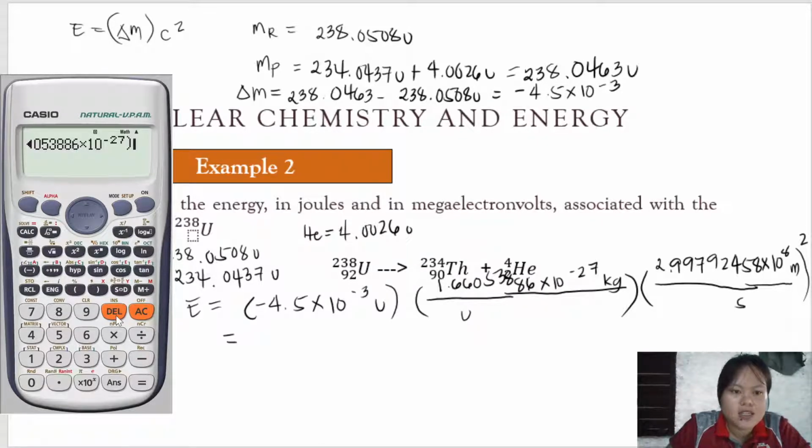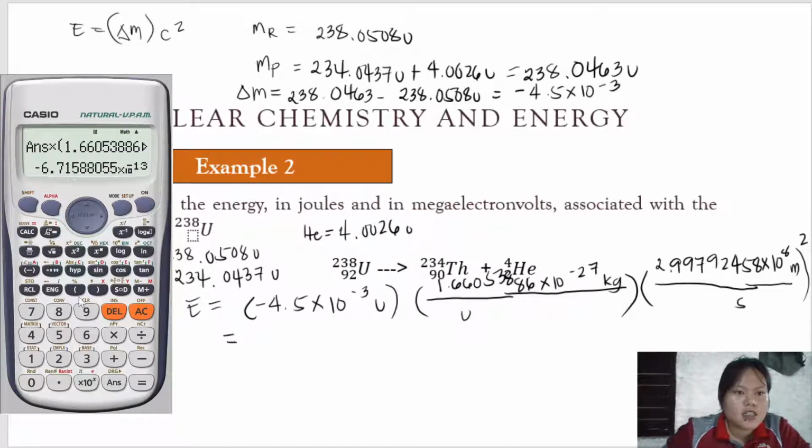Since this is not yet a board exam, store them so that you are less prone to error. Then 2.99792458 times 10 raised to 8, squared.